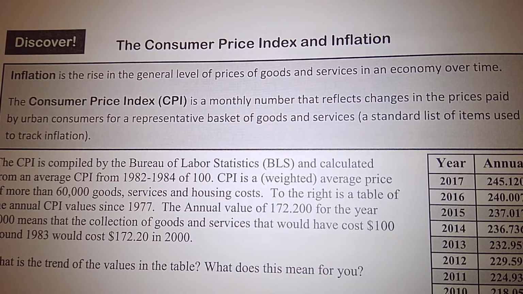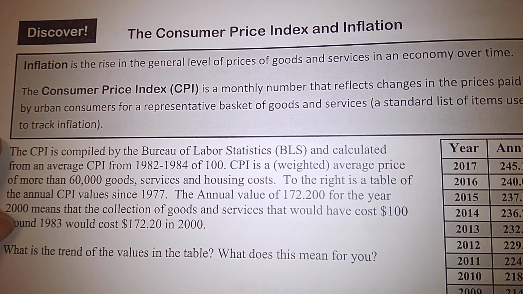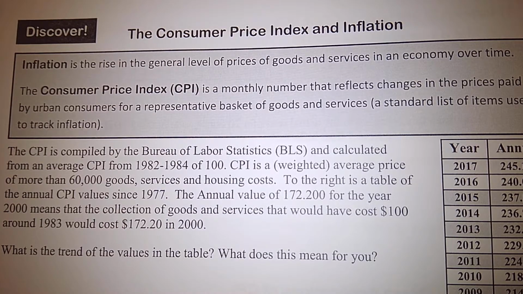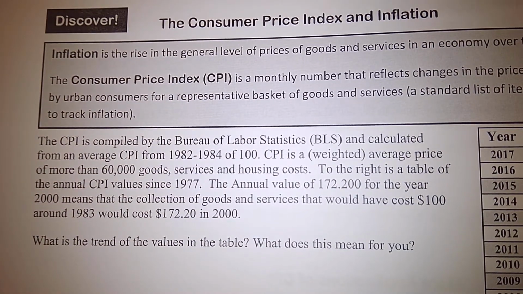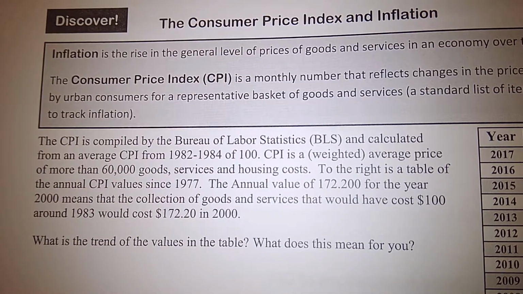economy over time. The Consumer Price Index is a monthly number that reflects changes in the prices paid by urban consumers for a representative basket of goods and services, a standard list of items used to track inflation. The CPI is compiled by the Bureau of Labor Statistics and calculated from an average CPI from 1982 to 1984 of 100. CPI is a weighted average price of more than 60,000 goods, services, and housing costs.